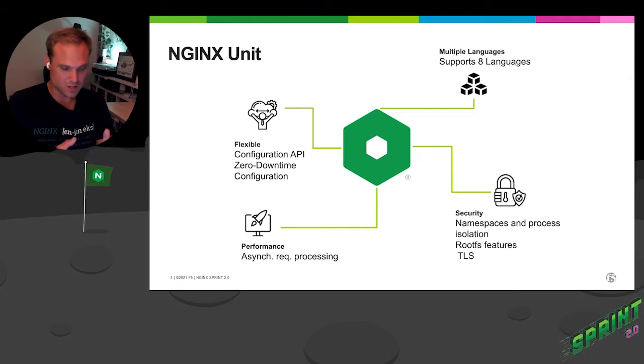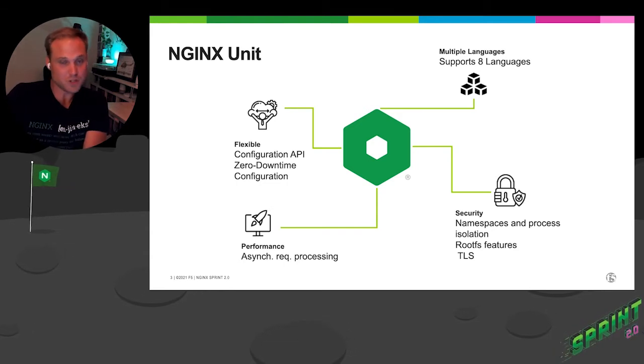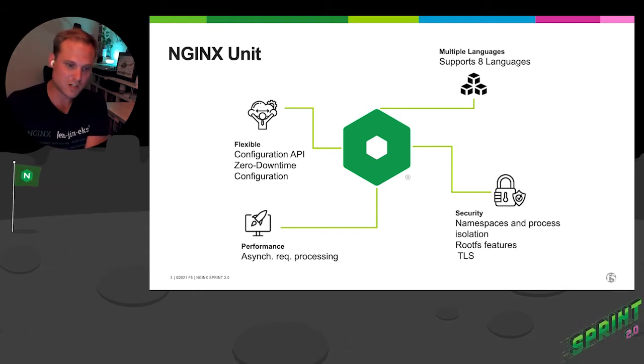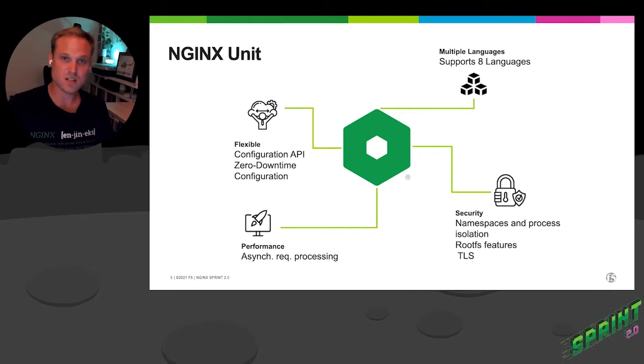That means your application processes are living next to each other on a single VM, on a single box, in a single container. But Unit does anything that's possible to isolate those processes if configured and needed.